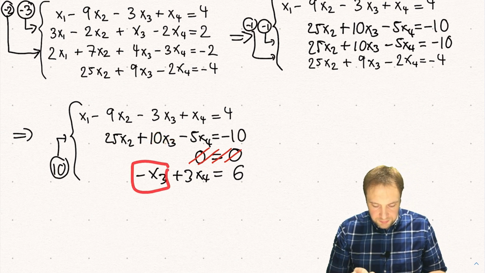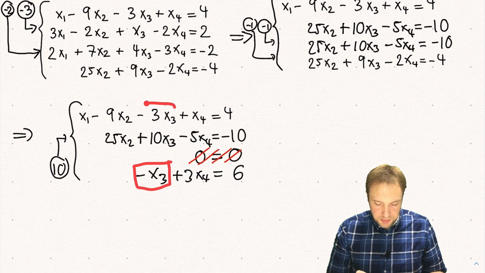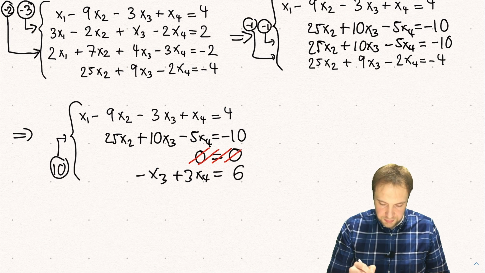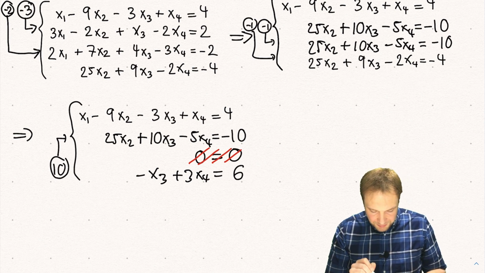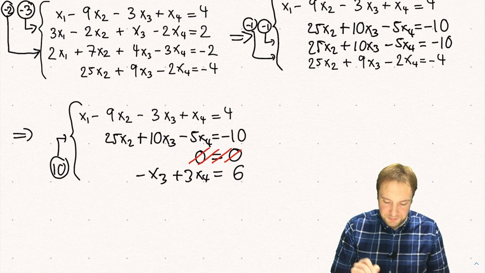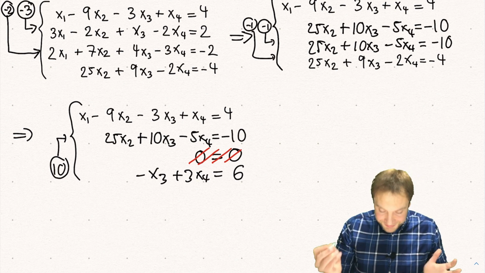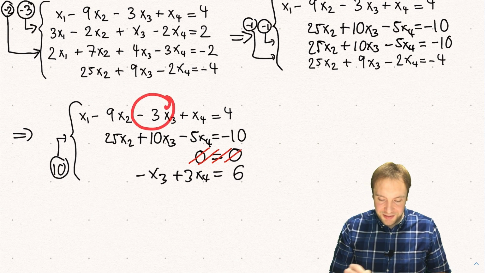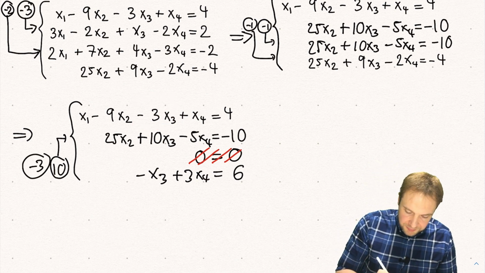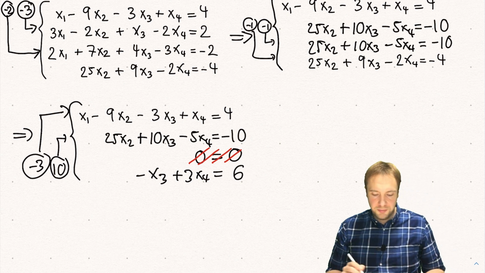And if I take this 3 times and I subtract it from there, then I also get rid of this. So I take minus 3 times this, and I add it to this one here.